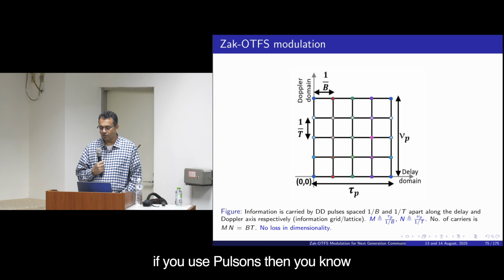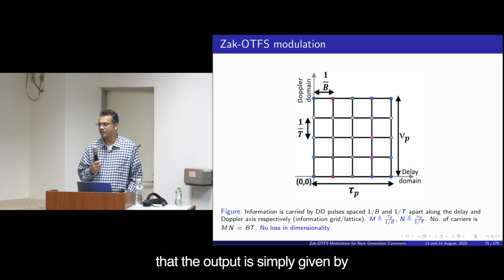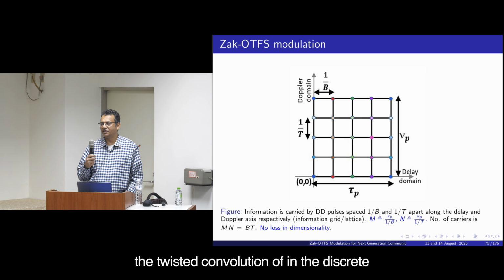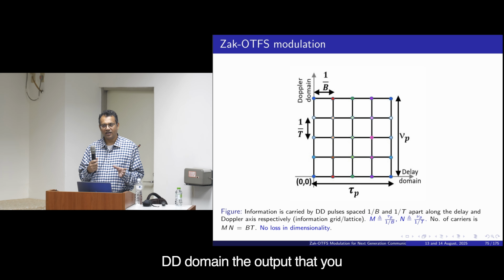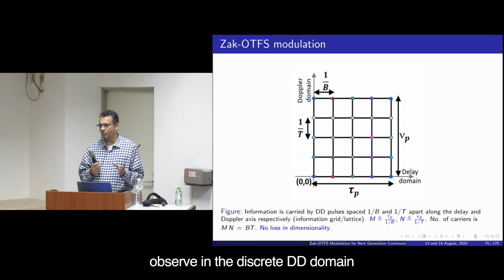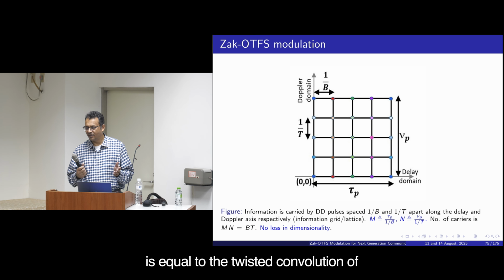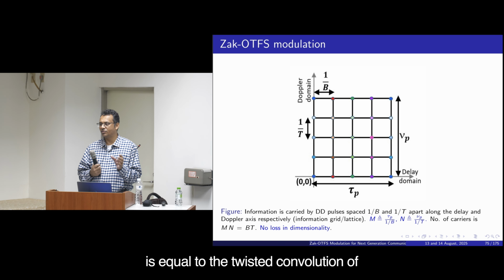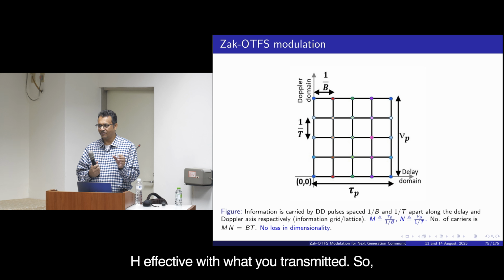Whereas if you use pulson, then you know that the output that you observe in the discrete DD domain is simply given by the twisted convolution of H effective with what you transmitted.